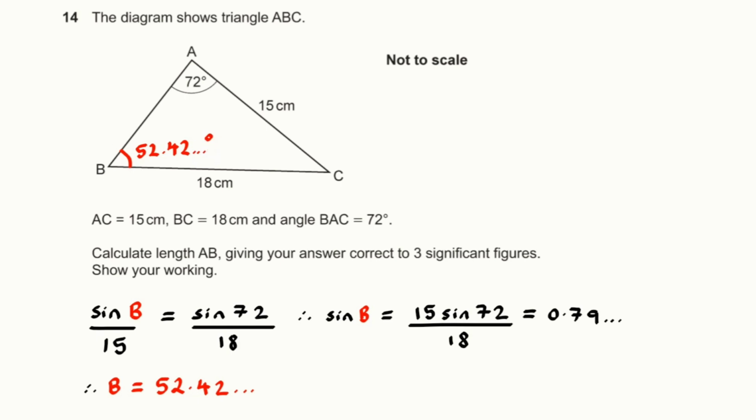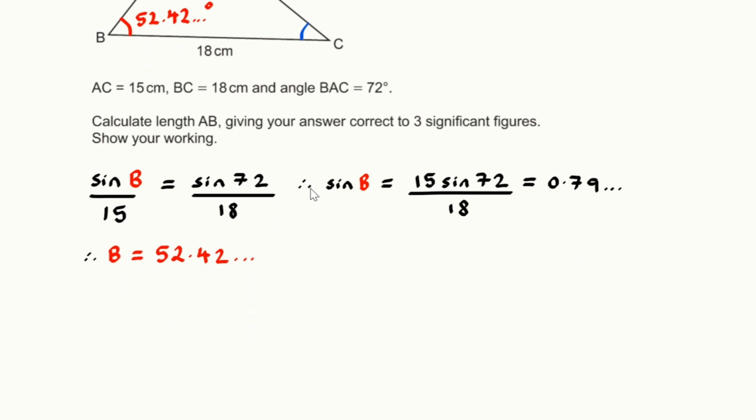We can now find out what this angle here is, and we can do that by recognizing that the angles in a triangle add up to 180. So the angle C is equal to 180, take away the 72, take away the 52.42.